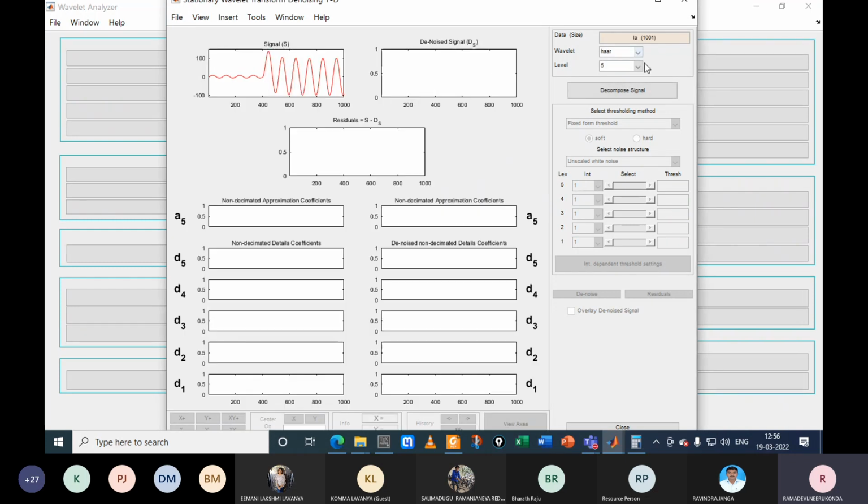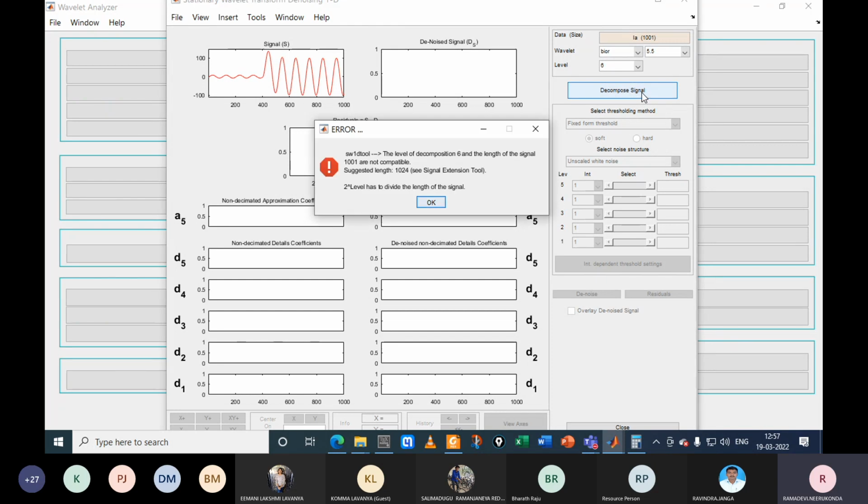So we take this signal and apply the Bior 5.5 and levels of 6, and decompose the signal with the help of soft threshold or hard thresholds. These are the default values. So you select decompose the signal.